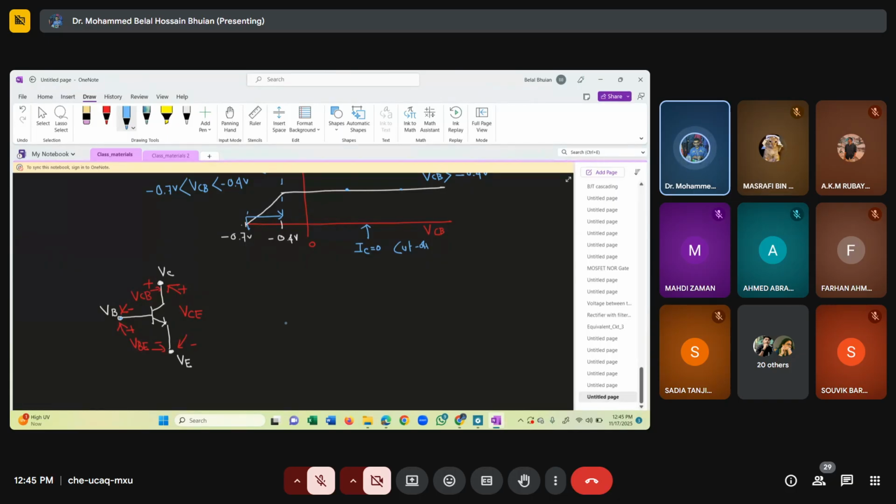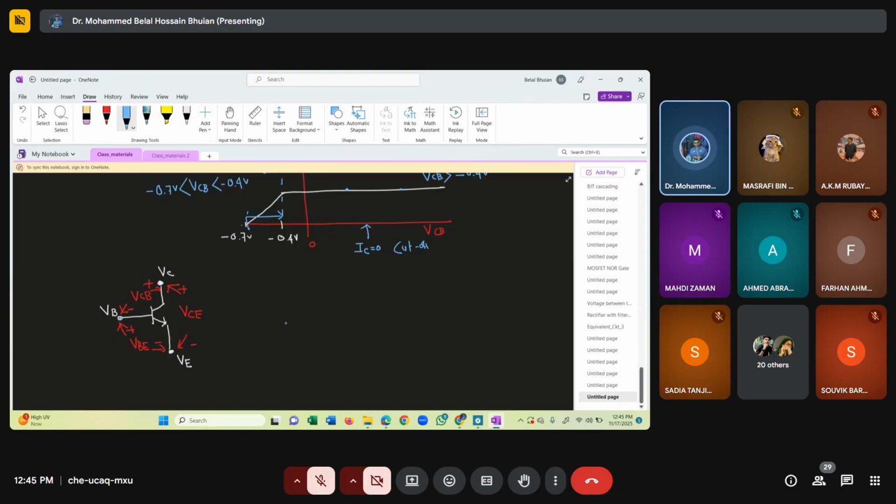So when I say VB, it is as if with respect to ground, this terminal voltage is measured VB. When I say VC, terminal or node voltage, with respect to the ground or reference, the collector terminal voltage between these two nodes is VC, and similarly VE. So these are the terminal voltages or the node voltages.